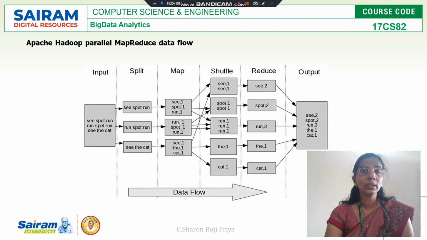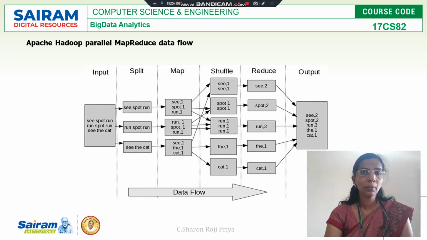If all the nodes that have the data are busy, you can find the nearest node. What do you mean by the nearest node? Data available in the same rack. What do you mean by rack? All the data nodes that are connected to the same network switch are said to be in the same rack.